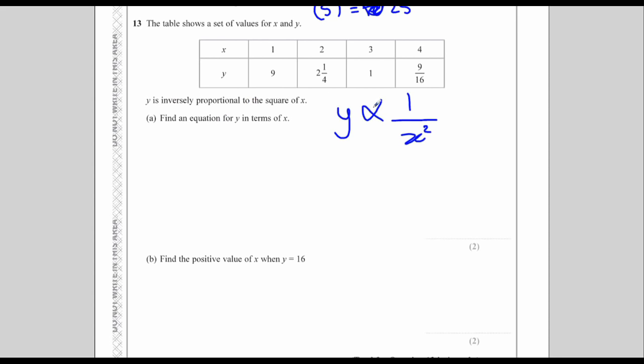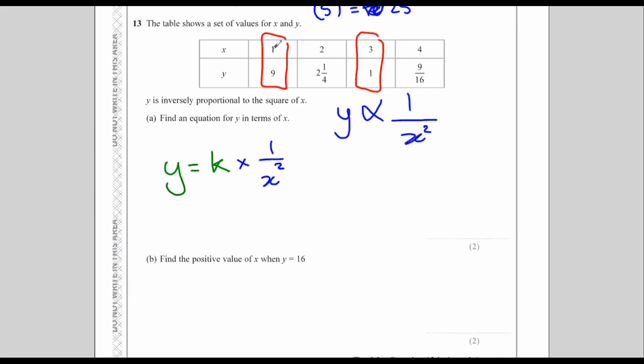Now, if y is proportional to 1 over x squared, that means there's some number, let's call it k, such that y equals k times 1 over x squared. Now we just need to use some of these values. Let's pick the easy ones, the whole numbers, to figure out what k is.